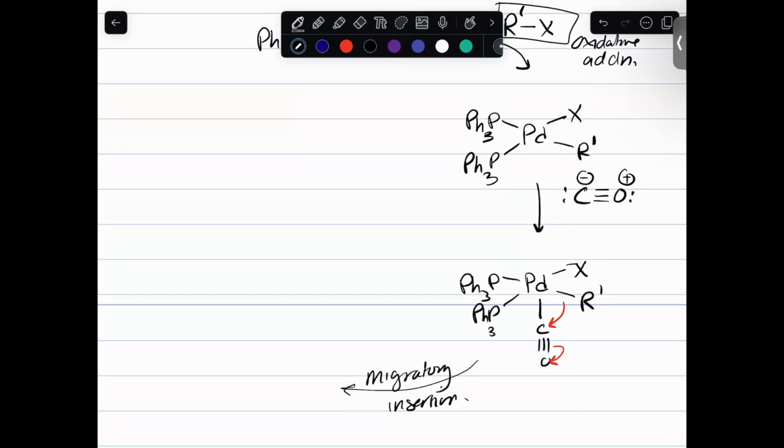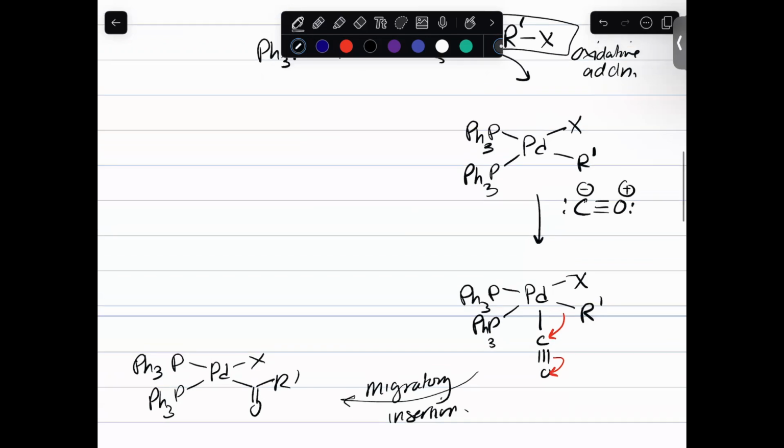So very similar to what you've seen, right? You're forming a carbonyl compound. It's just that it's a carboxylic acid or a carboxylic acid derivative. So not surprisingly, there's no transmetallation step here, right? There's no transmetallation, there's no rotation, there's no beta hydride elimination.